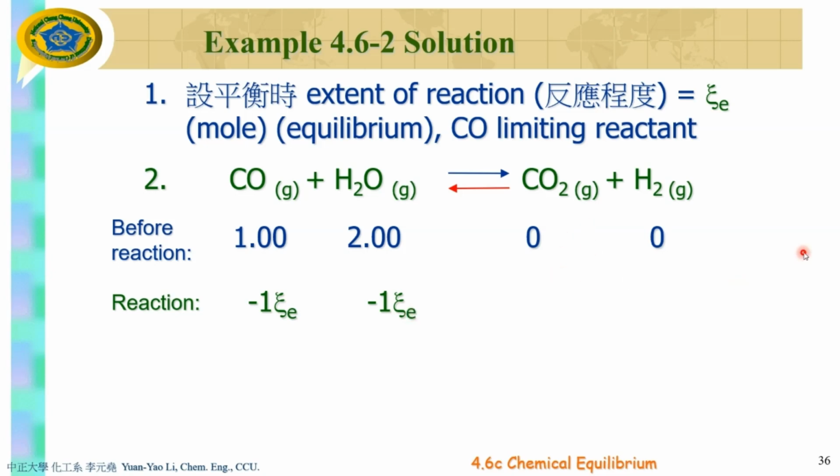And then could you please tell me how to write down here? Plus 1 Xe, right? And this is plus 1 Xe. And then what happens after reaction? Now it will be 1 plus this one, 2 plus this one, 0 plus this one, and 0 plus this one.